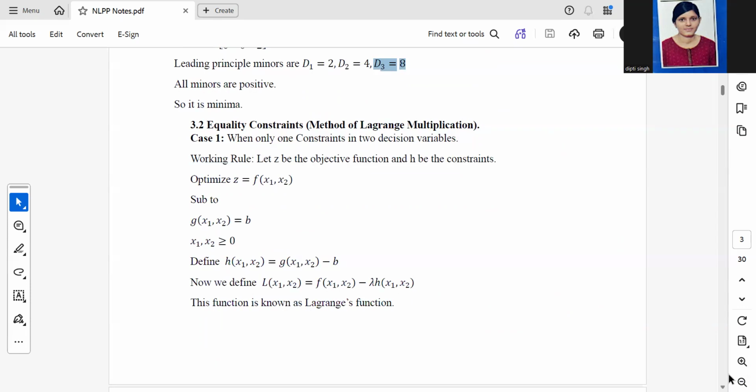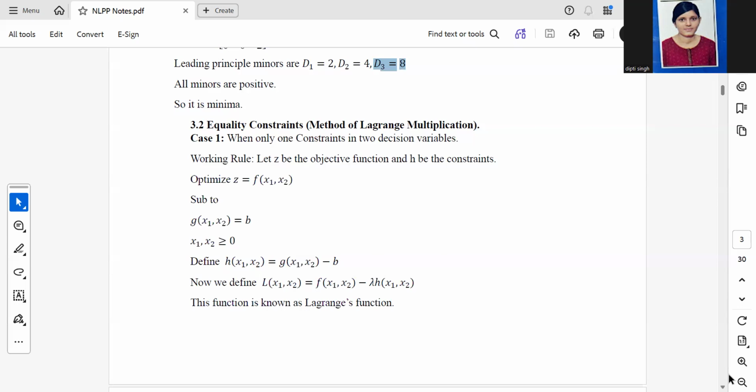If we have an objective function like that with only two decision variables, we can write it as a function f of x1, x2. Then there is only one constraint, g of x1, x2 equal to b, and there is a non-negative condition, x1, x2 greater than 0.